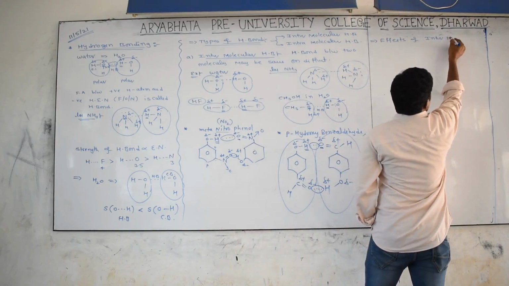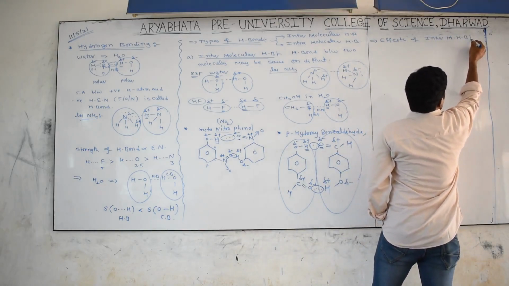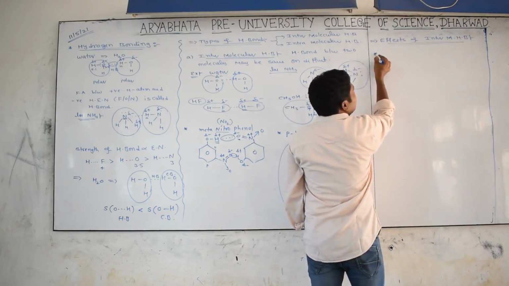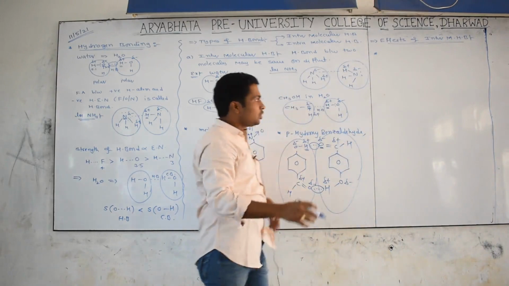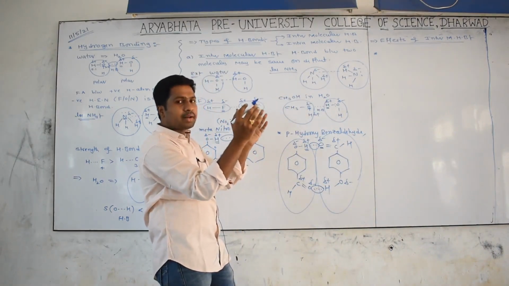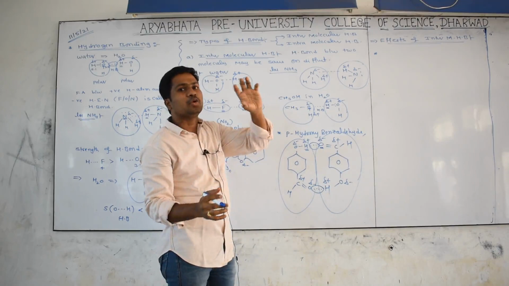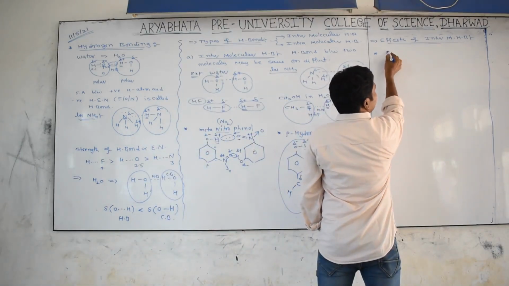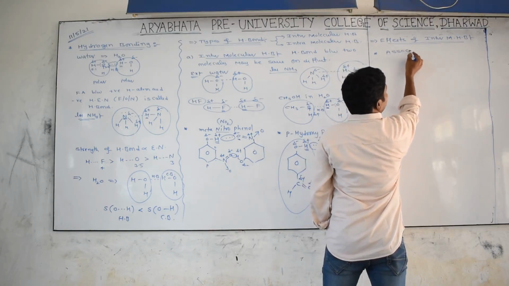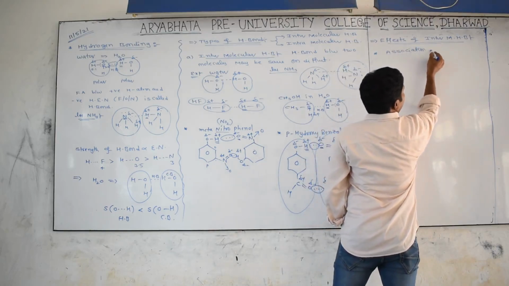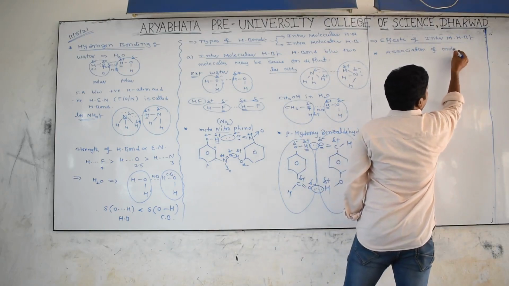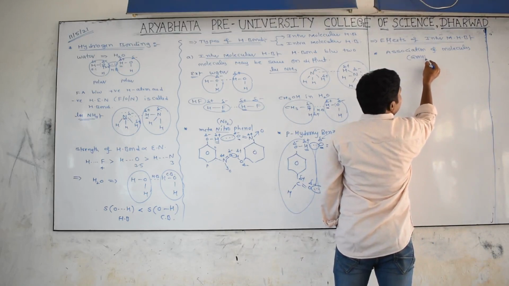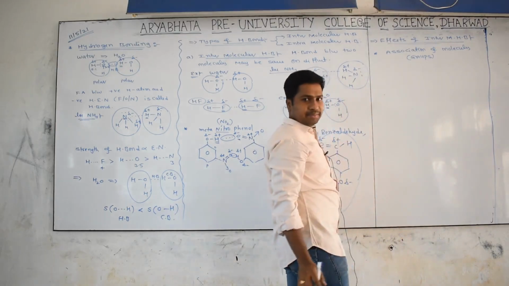One thing we have to observe: because of intermolecular hydrogen bonding, the molecules are attracted to each other, becoming like a group. That is, association of molecules is taking place. Association of molecules means groups of molecules are forming.